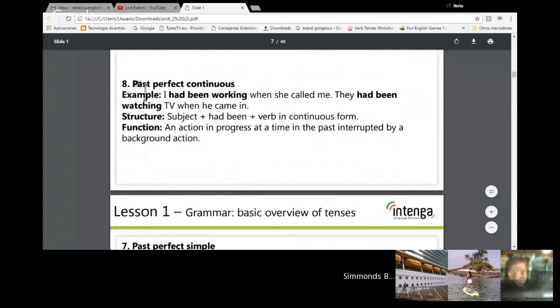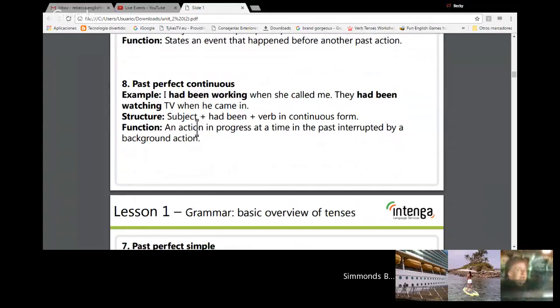Okay. So this is the past perfect continuous. I had been working when she called me, and they had been watching TV when he came in. The structure is the subject, had been, and the verb in the continuous form. The function is an action in progress at a time in the past interrupted by a background action.